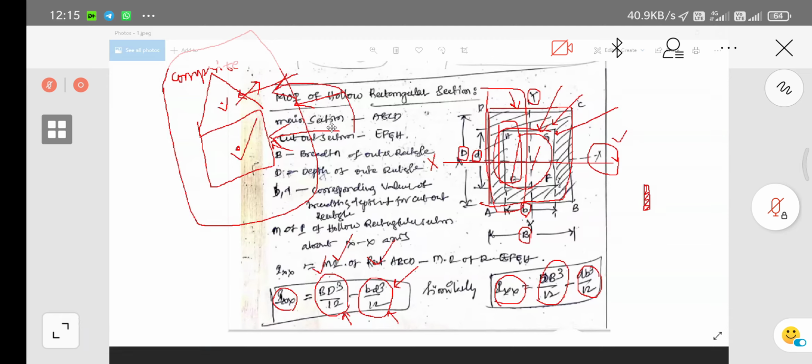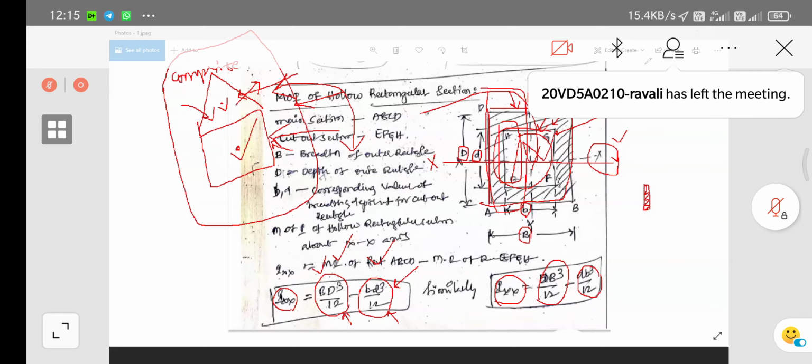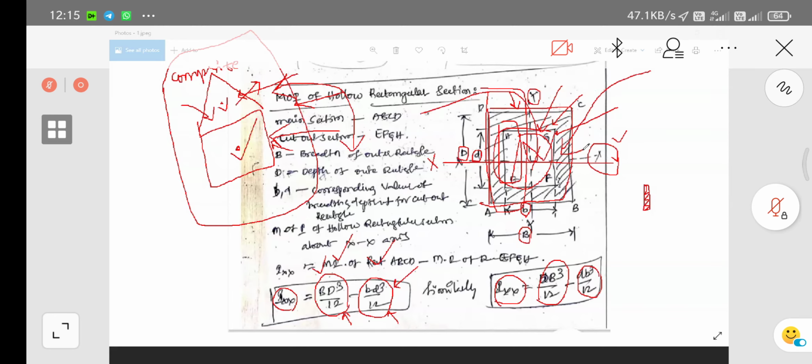I am not going to subtract here. Why? Because these are combining, and these are material-increasing portions, but in this other case it is a material-decreasing portion. Whenever it is a material-adding case, you add the moment of inertia about that particular xx or y axis.